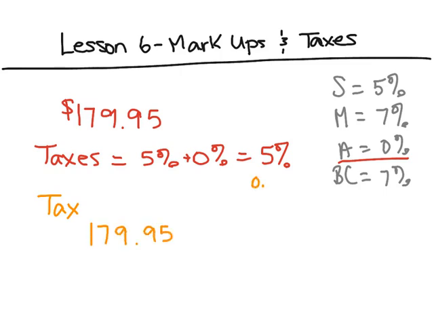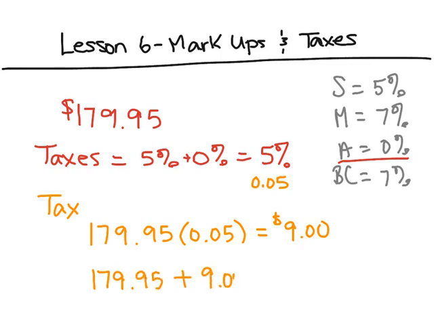We have 5% tax, which is 0.05 as a decimal. So we multiply those two things and we get $9. So Quentin has to pay $9 in taxes. So to find his total cost, we would take $179.95 and add $9 to it to make $188.95. So this is how much he would be charged with tax.